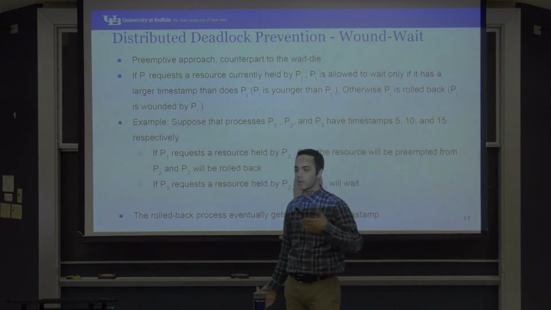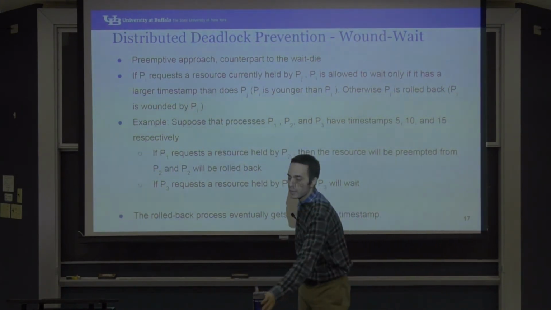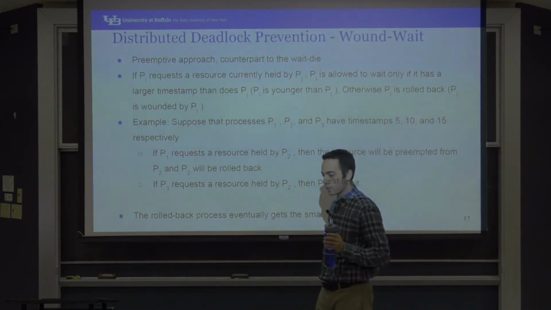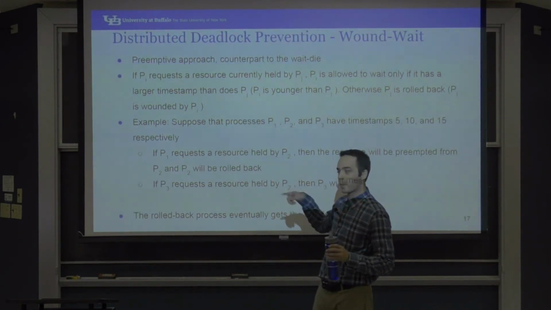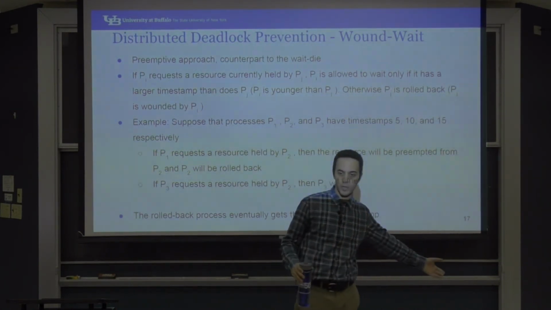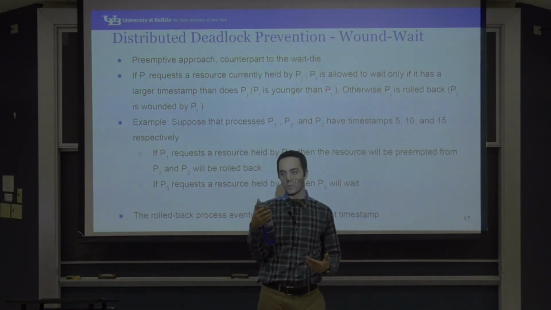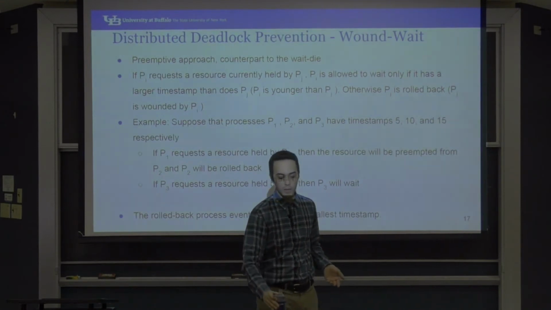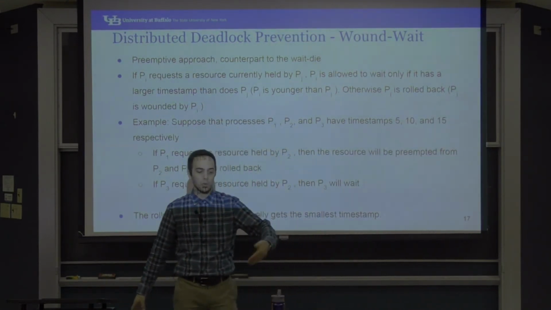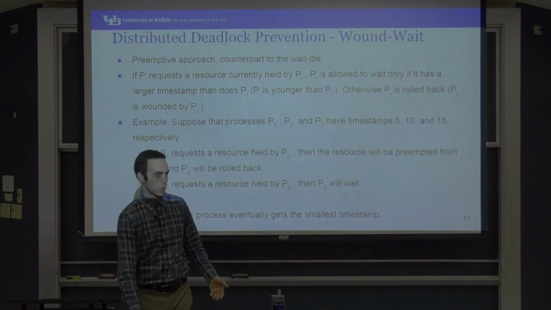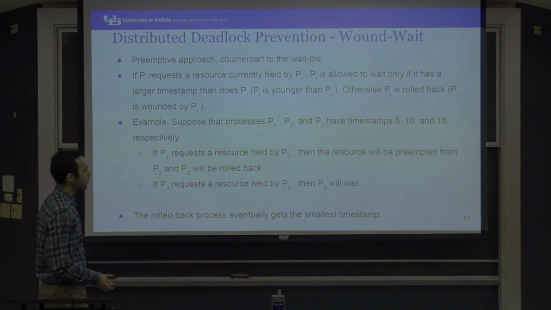P3 can wait, and if P3 obtained the resource first, P2 is rolled back, comes back, and wounds P3. Again, P2 is now the oldest, so no one will wound P2. Once they are done, P3 might be the oldest one, and then no one will wound it. So this is the idea behind that.